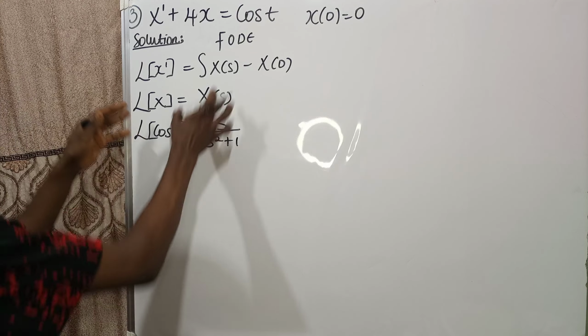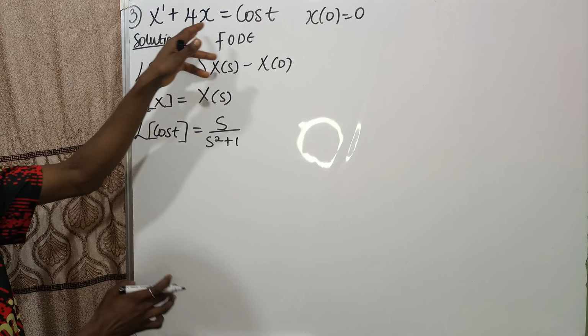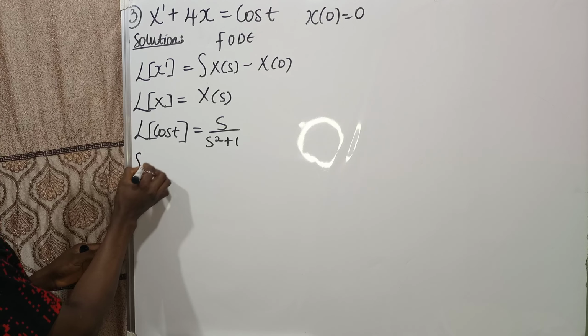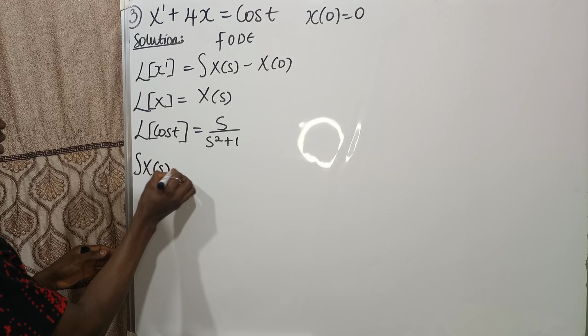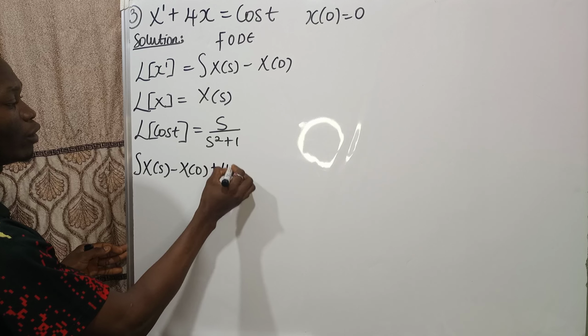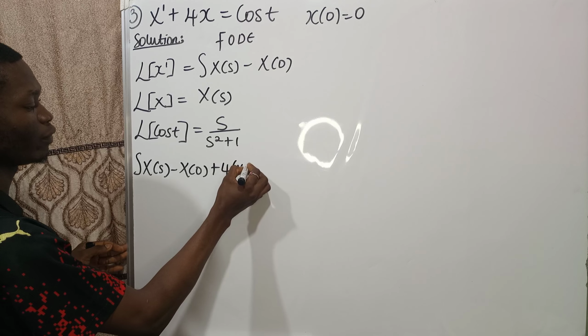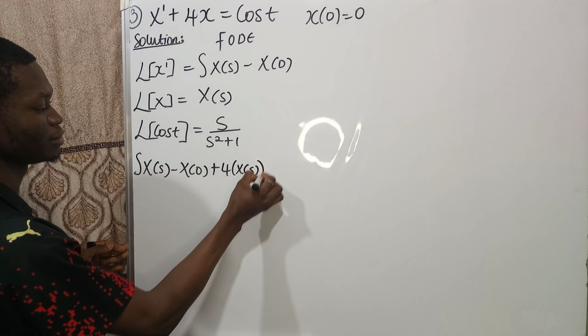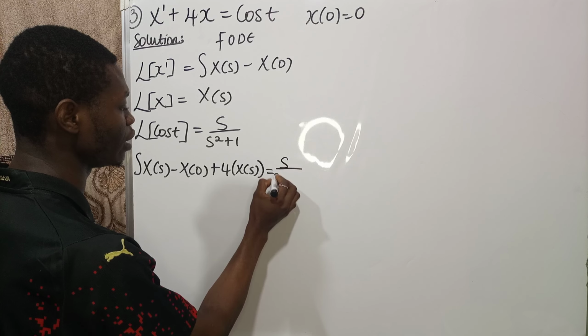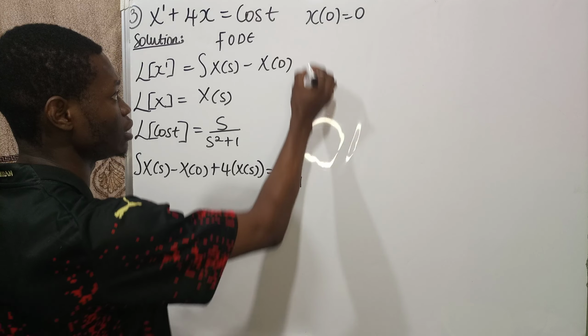So that's it. Now we put all these values in this equation. We are going to have s X of s minus x of 0, plus 4 times X of s, is equal to s all over s squared plus 1.